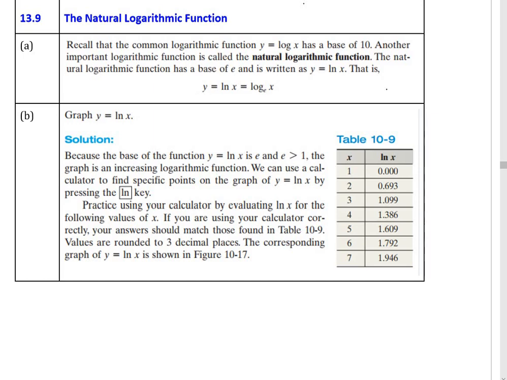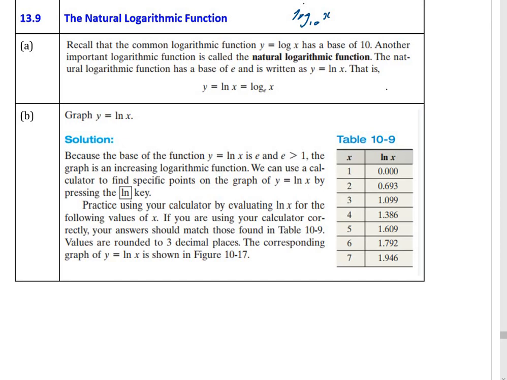Now the difference between log and ln is the base. For a normal log, as we said the other day, the base is 10. If we don't indicate any base, then the base is 10.